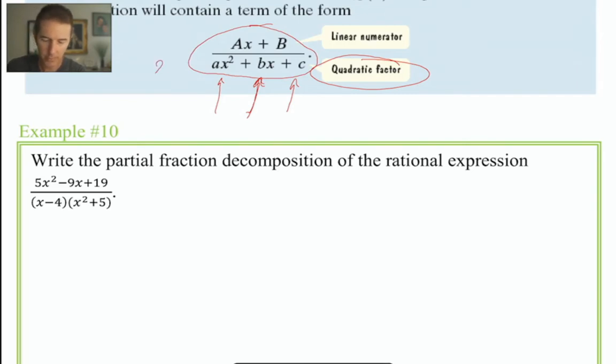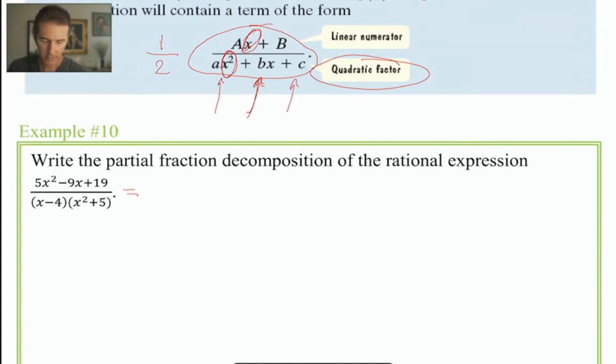Okay, denominator is degree 2, which means numerator has to be degree 1. Remember that when we do these decompositions, the numerator will end up being 1 degree less than the denominator. So in that numerator, we only have an x to the first power, whereas in the denominator, we have an x to the second power.